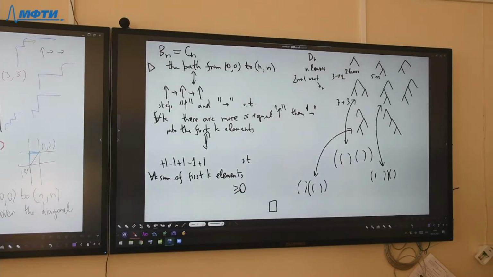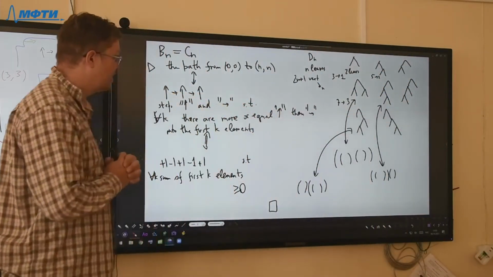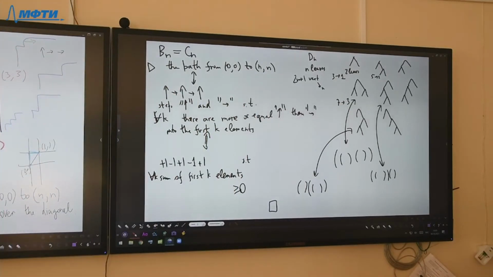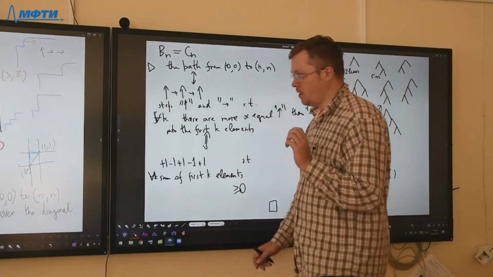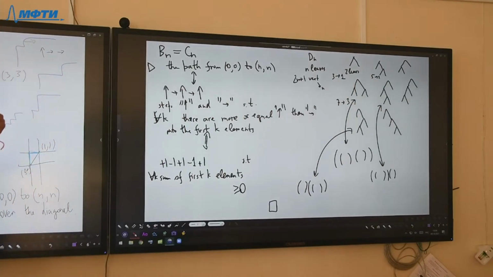Do you understand the algorithm, or do you just try to suggest how we do the projection? Okay, maybe it's not very simple, but I'll give you a hint. Let's firstly prove the recurrence relation for this number.